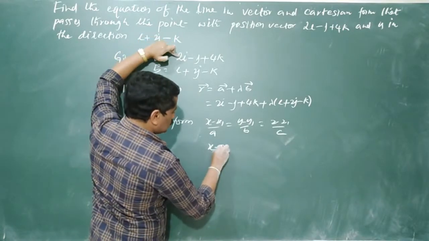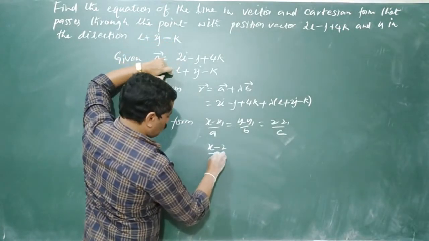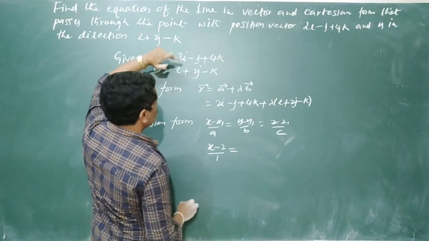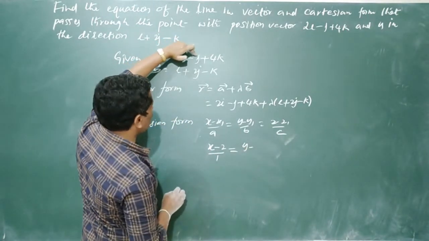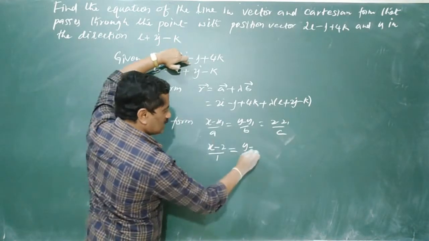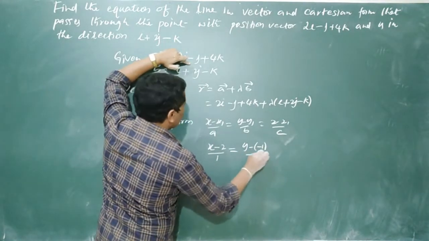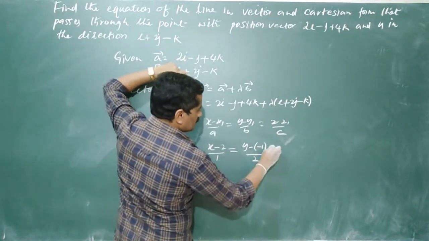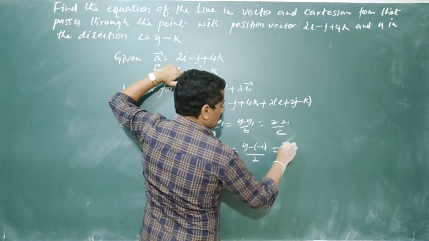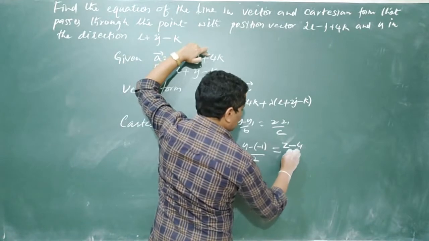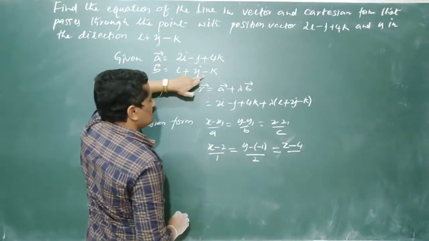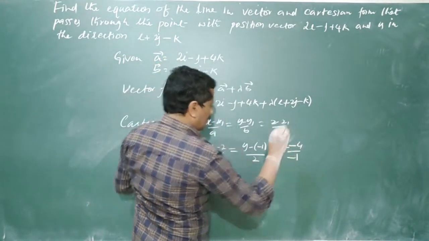We have 2 by a, that is 1, is equal to y minus y1. What is the value of y1 here? We have minus 1. So minus 1 by b value we have 2, that is equal to z minus z1. What is z1? We have 4 by c, that is minus 1.